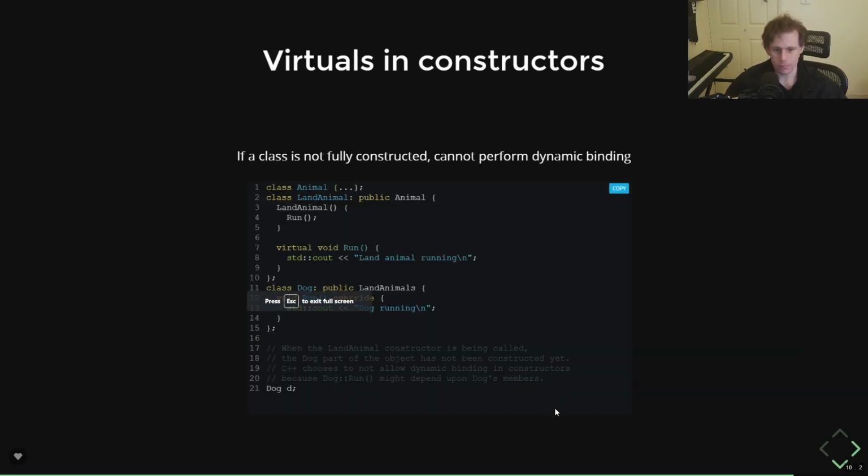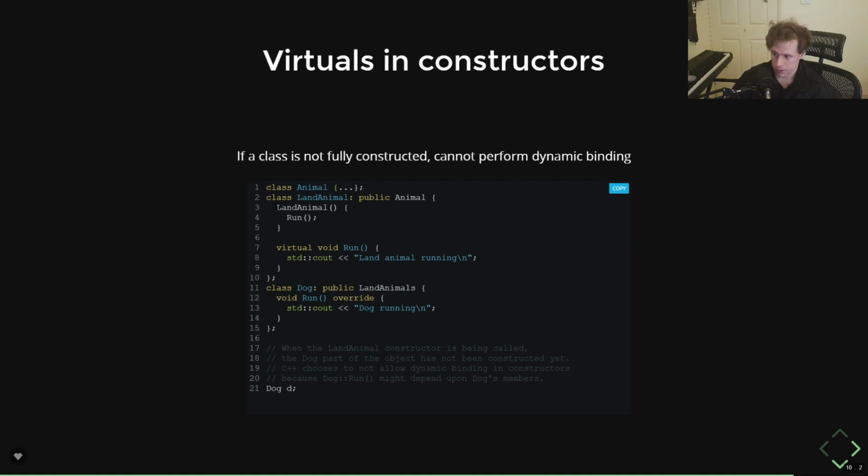So the point here is that when you try and call run as part of the constructor for its parent, it's very strange. When dog gets constructed, the dog constructor calls the parent constructor, right?